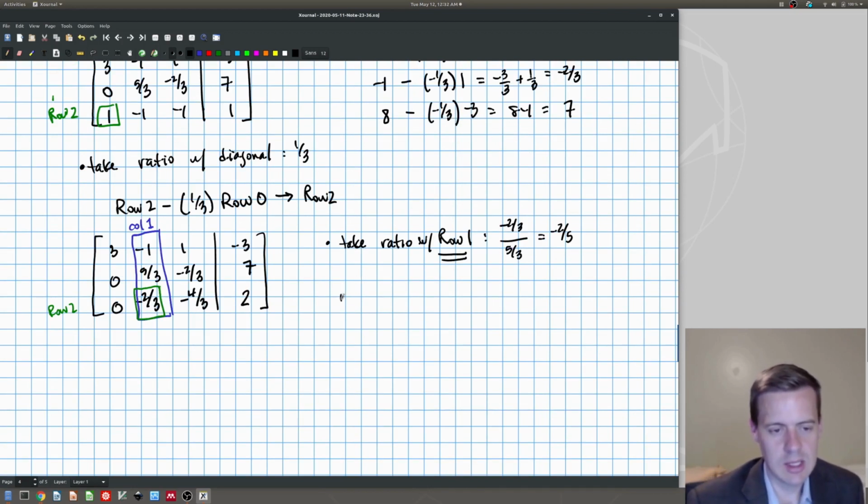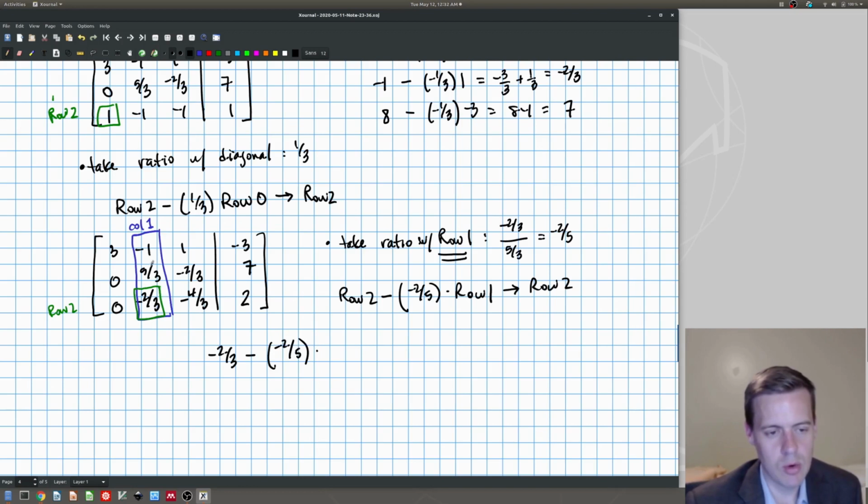I'm going to take row 2 minus 2/5 multiplied by row 1, and use that to replace row 2. Let's check that out. I'm going to have minus 2/3 minus 2/5 multiplied by row 1, which is 5/3, and that should give me, let's see, 5 cancels. I have a minus 2/3, but that's plus, should give me 0. Okay, that checks out, so that one's going to be 0.